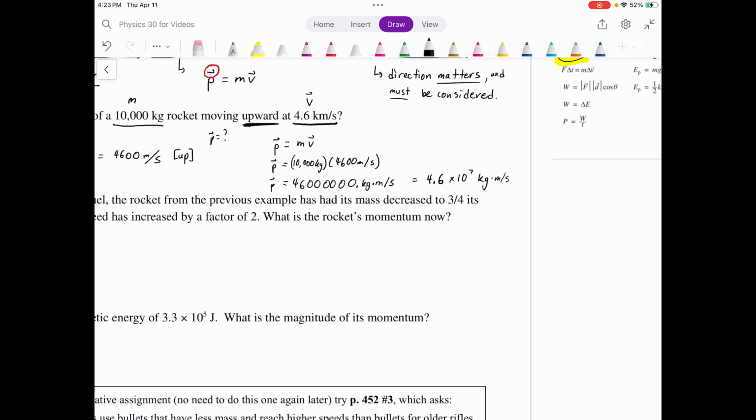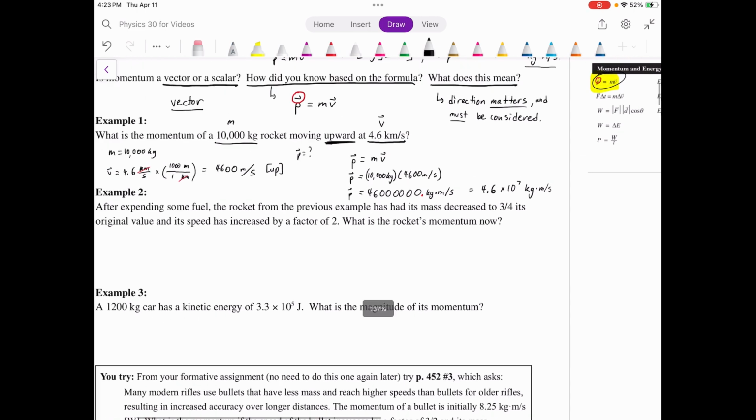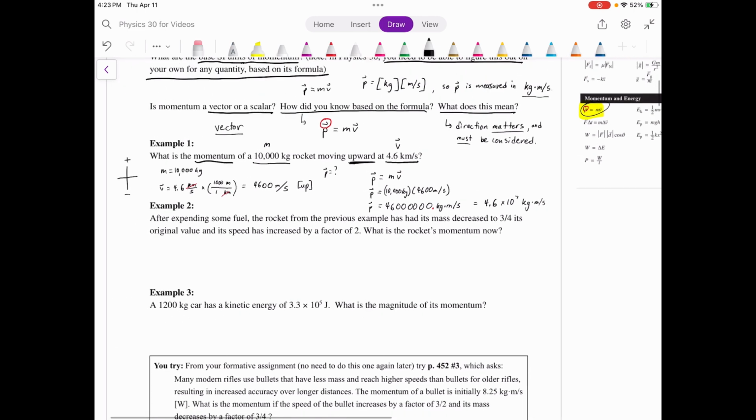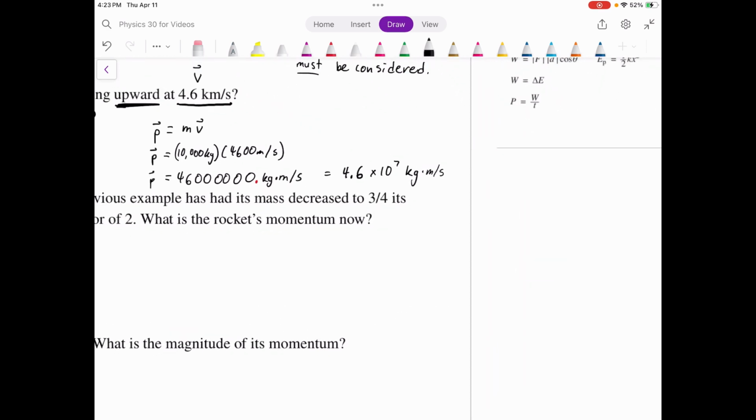Now, I'm missing something very important in my final answer, because this is momentum. Momentum is a vector. So this is an incomplete answer because I have not stated what direction, right? This is not a full description of its momentum. This is its magnitude, its size, but until I add that, it was not actually the full answer for momentum.